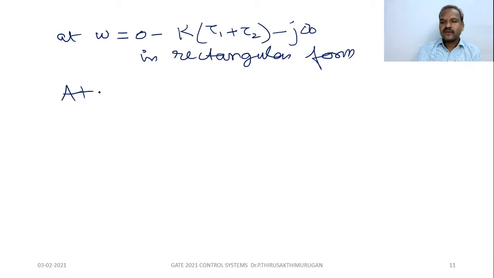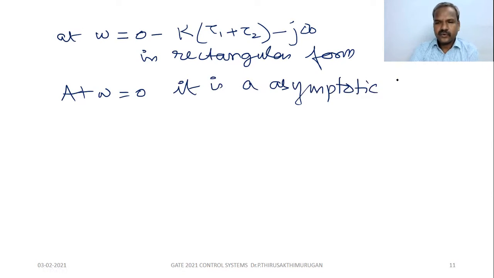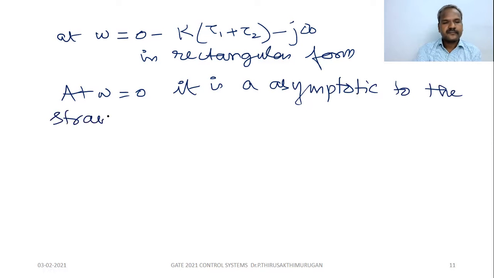So at omega equal to 0, it is asymptotic to a straight line. What is the straight line?